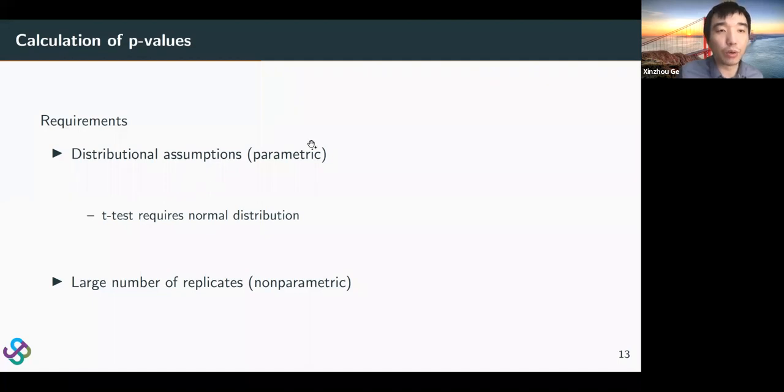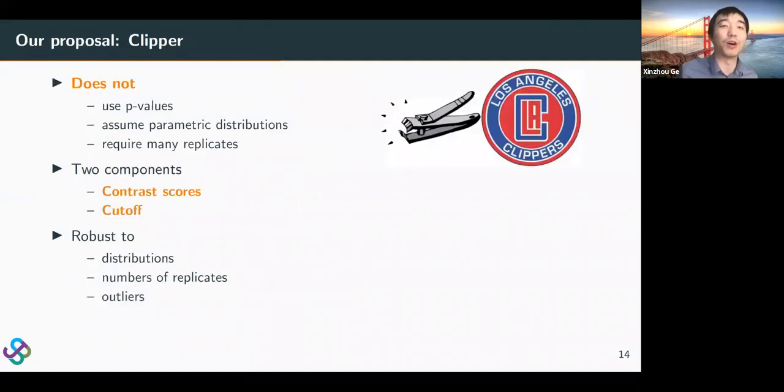To solve this problem, we propose Clipper, a method that does not use p-values, does not assume any parametric distributions, and does not require many replicates. It has two components.